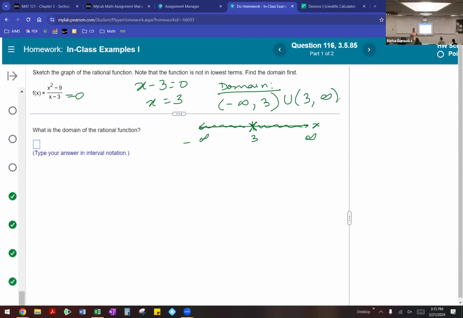Which also, remember, is the same calculation for finding the vertical asymptote. So your vertical asymptote is going to be right there at x equals 3 also. And that's kind of why it's not included in the domain, so they're interconnected. Okay, let's start by putting our domain in. So parentheses, negative infinity to positive 3, and then from the other side, positive 3 to positive infinity, and let's get our unions.